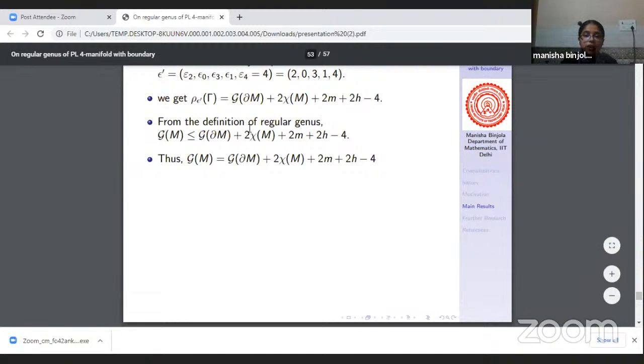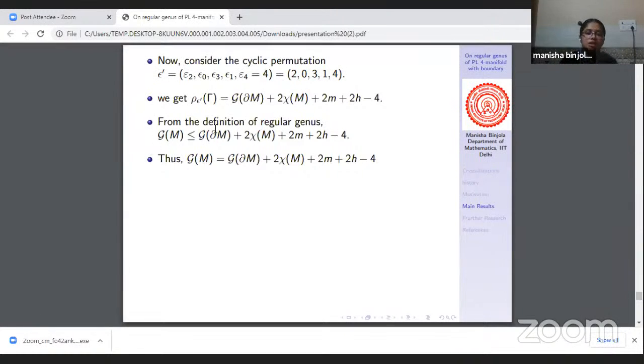Now, since regular genus is the minimum of rho gammas and rho gamma is the minimum of rho epsilons, we get an upper bound for the regular genus of M. So this is an upper bound, and from the last result we have a lower bound, and it's the same. So we get equality here.